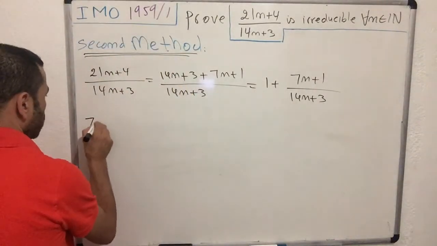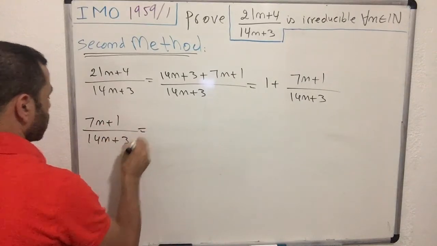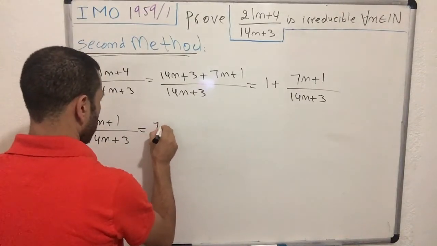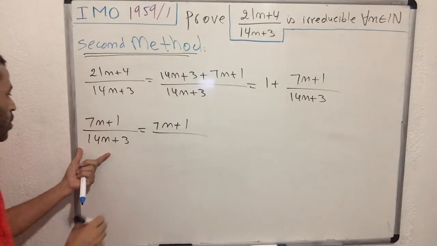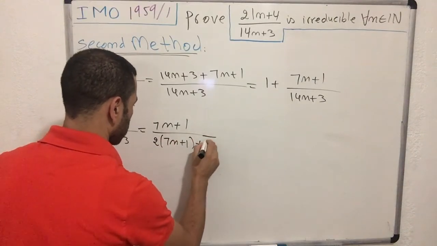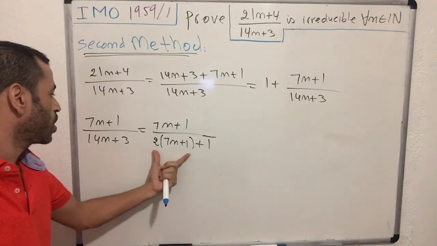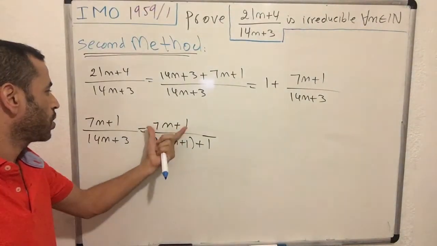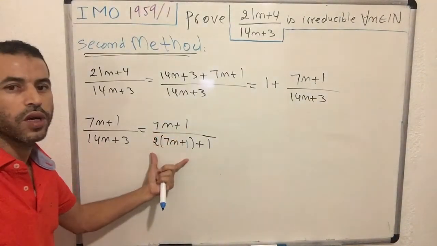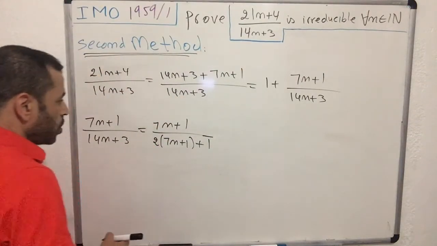So 7n plus 1 over 14n plus 3 can be written in this form: 7n plus 1 over 2 times 7n plus 1 plus 1. I'm just writing the denominator in this form to show up the numerator and denominator.